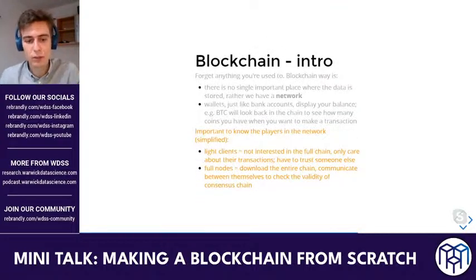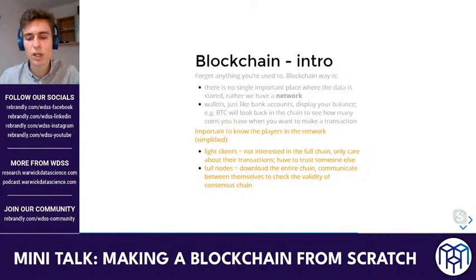It's important to know the players in the network. You can have the light clients, people that are not interested in the whole network. They just want to mind their business, do their transactions, not be bothered really. And you have the full nodes, which will actually download the entire chain and will set up communication to achieve consensus, always look for the longest chain, and so on.